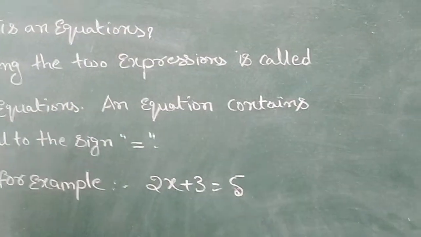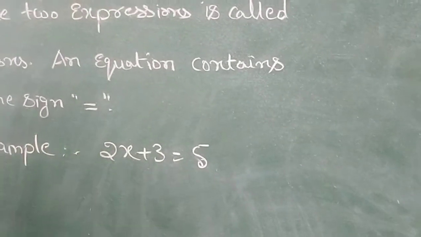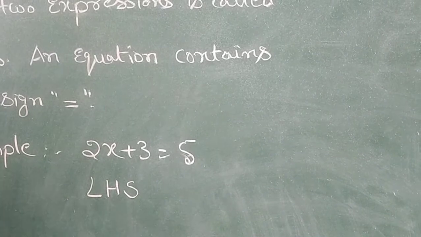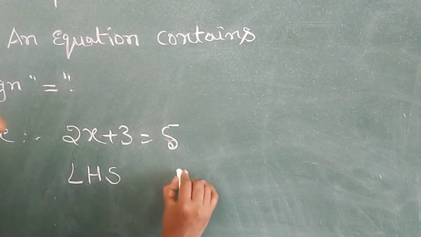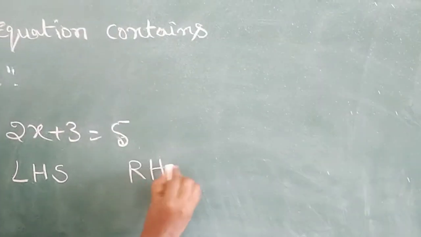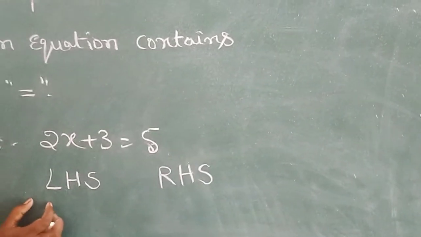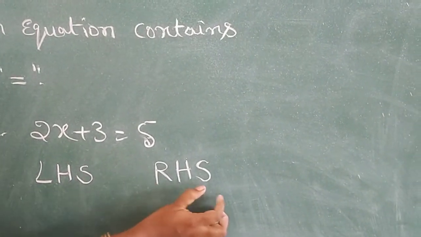Here, left of the equal symbol is called LHS. Right of the equal symbol is called RHS. LHS means left hand side, RHS means right hand side.